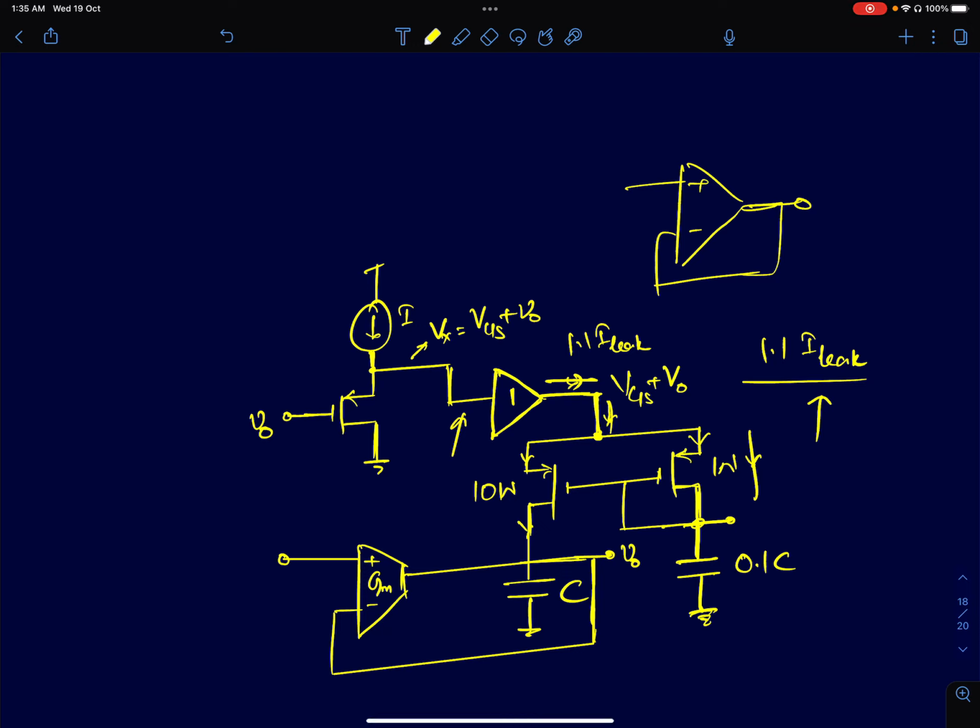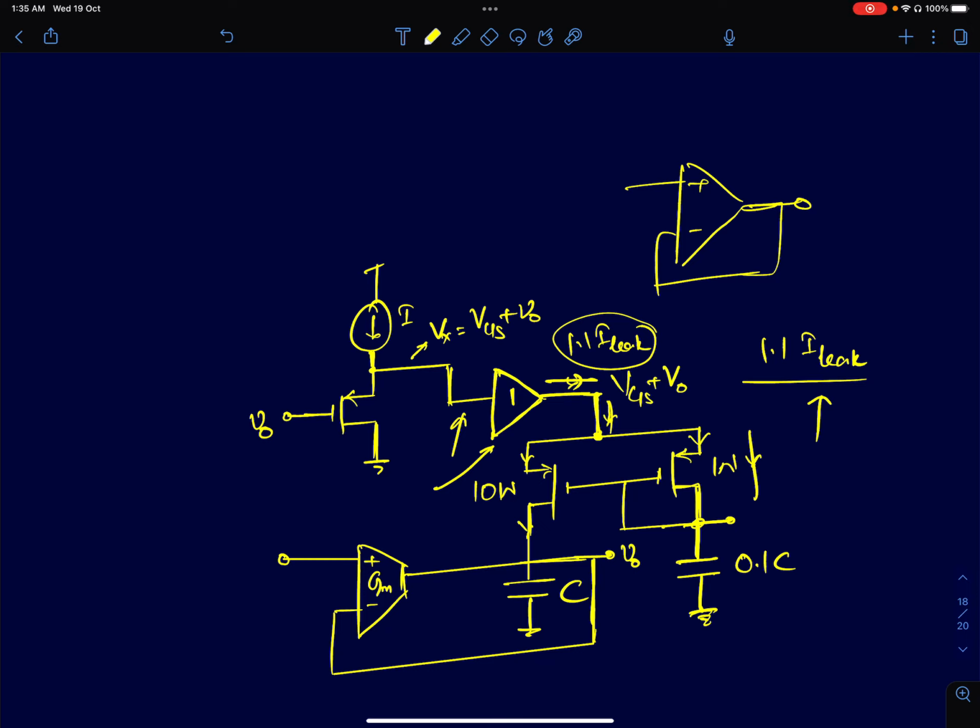So if you have to design the voltage buffer, you will keep in mind that it has to at least supply this current. You'll do some estimations on schematic simulations, figure out what leakage current it's going to draw, and then add some margin to it. That's how you'll decide the bias current for the voltage buffer. Then this is a circuit that will work perfectly.